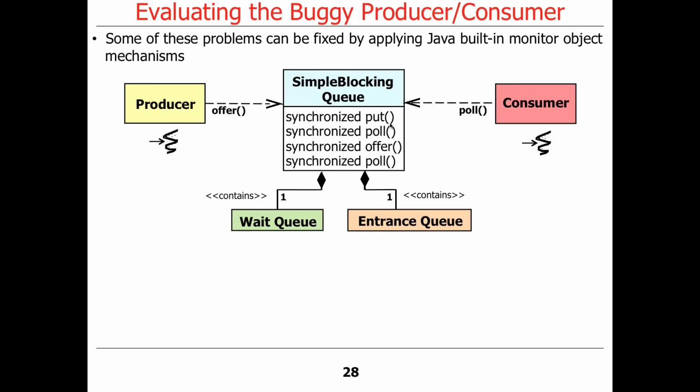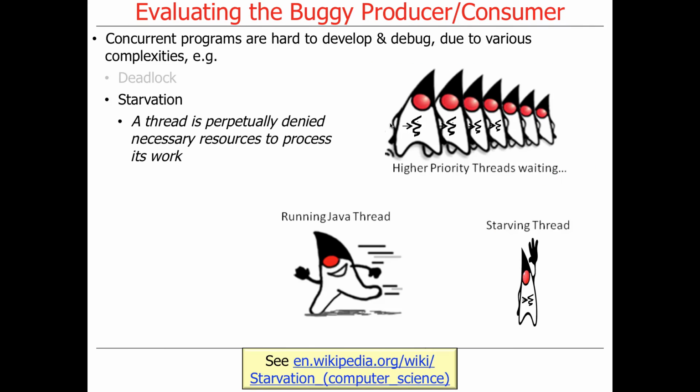Yes? I have a question on the starvation aspect. Are there tools in the hardware, like a scheduler in the hardware, that will account for that? Do these programs use that? Great question. The question basically is, what are some ways to handle starvation? One thing that is often used, in time-sharing systems like an operating system that schedules processes to run, is that they will age the priority of processes so that the longer they run, the lower their priority becomes.